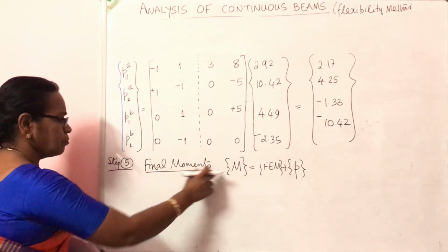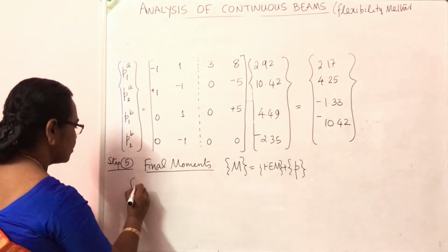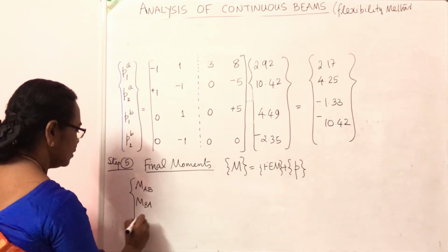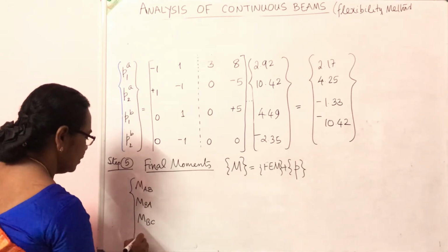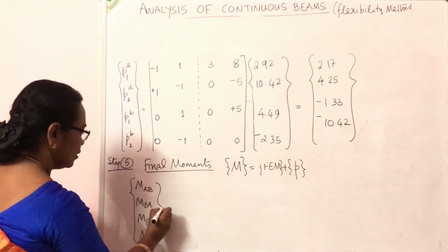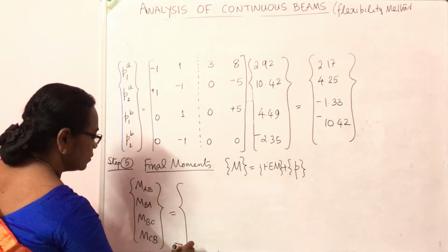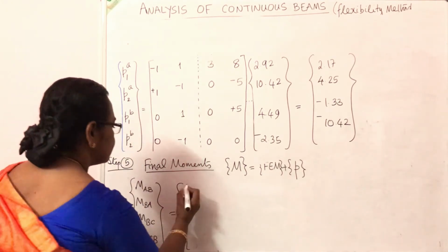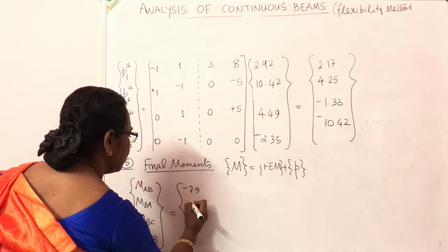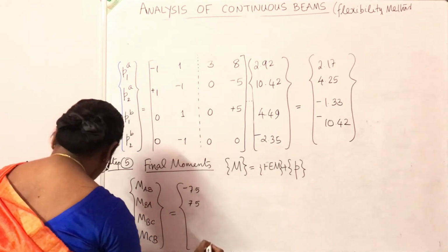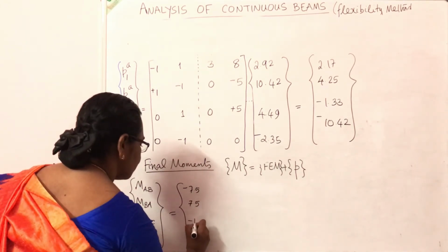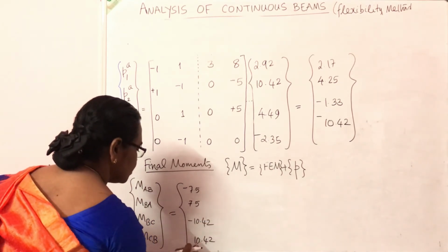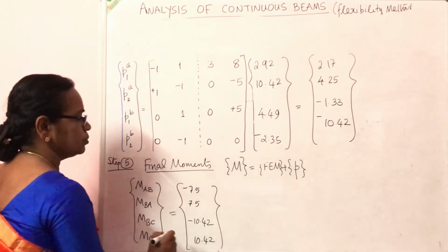Now we want the final moment for the structure. First MAB, second MBA, MBC, MCB is equal to, refer to the second step, write down the fixed end moments from there. First element it was minus 7.5 plus 7.5. For the second element it was minus 10.42 plus 10.42. These are the fixed end moment values from step 2.